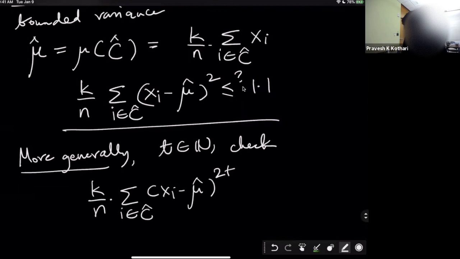So I can check the 2t-th empirical moment of the points in C hat. And again, if I have a large enough number of points in each cluster, then for any true cluster this should converge to the true 2t-th moment of a Gaussian. Can someone tell me what that number looks like? What's the 2t-th moment of a Gaussian with variance 1?